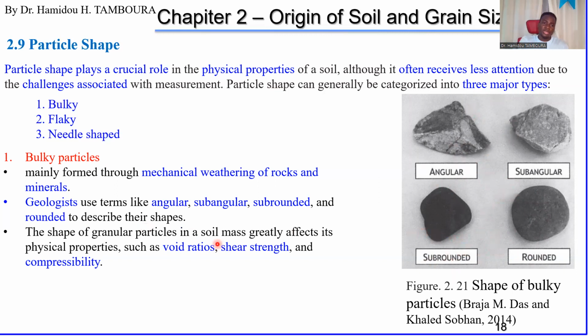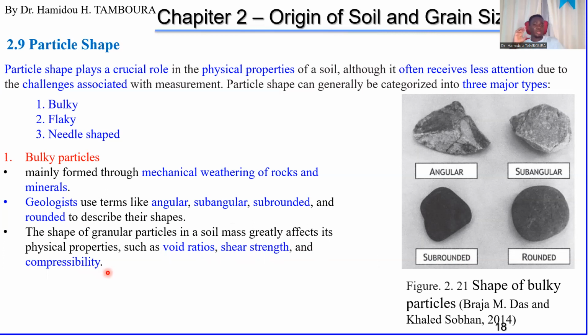So the shape of granular particles in a soil mass greatly affects the physical properties of soil, as we stated before. So what physical properties of soil can it affect? The void ratio. Don't worry, we will talk about this later. What is void ratio? The shear strength. We will talk about this also. And the compressibility of the soil.